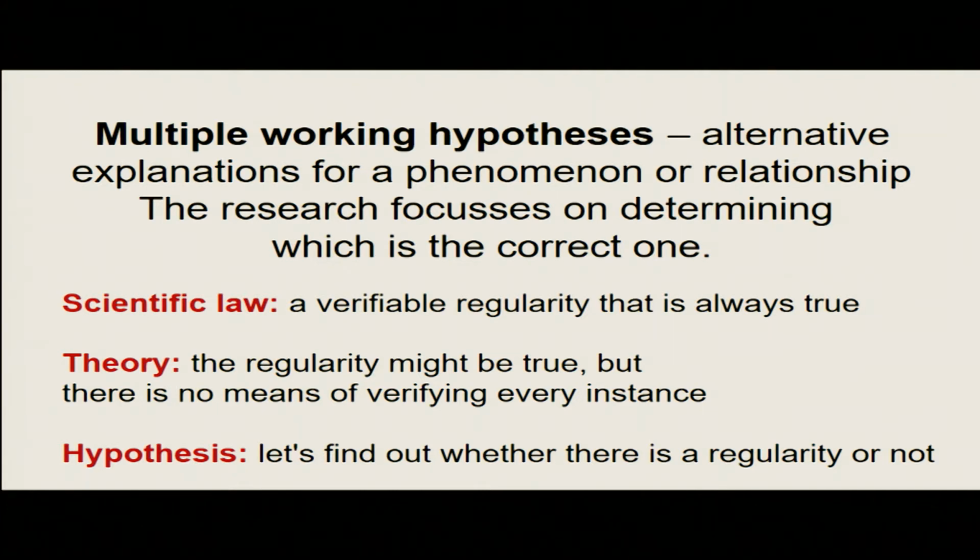So in many respects, if you ever see a reference to a law in the social science research, it's more of a pseudo-law, at least judged in hard science terms. Instead, we're much more attuned to working with theories. And in a theory, we have derived a regularity and we believe that it is true. But on the other hand, we have no means of verifying every instance.